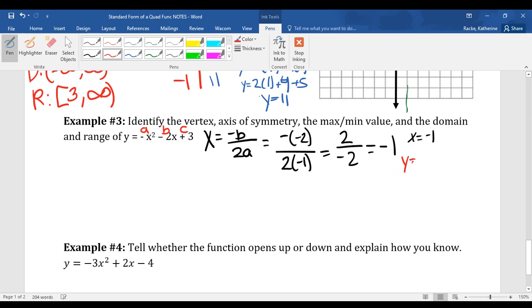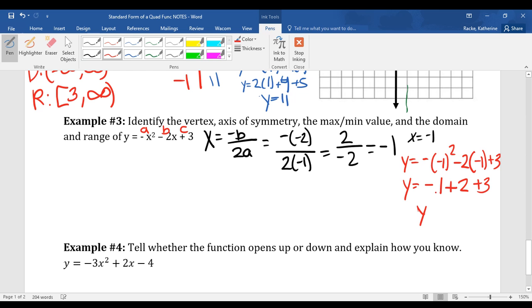So y equals negative parentheses negative 1 squared minus 2 parentheses negative 1 plus 3. Negative 1 times negative 1, so negative 1 squared is a positive 1, but I still have the negative in front, so it's still going to be a negative 1. Negative 2 times negative 1 gives me a positive 2, and then carry down the plus 3.